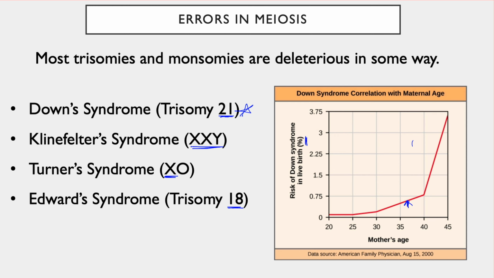Now, there are ways that we can look at chromosomes and how they affect development of an organism. And I don't know if you guys have noticed, what's the problem with having an extra X or missing an X when it comes to the sex chromosomes? Obviously normal females have 2 X chromosomes.